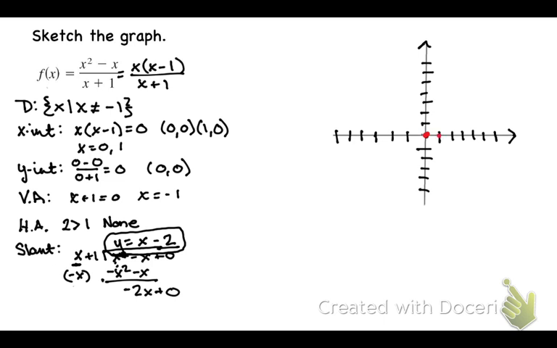And then I have a y-intercept at 0, 0. I have a vertical asymptote at negative 1. Horizontal asymptote I don't have, but I have a slant that goes through -2, yes? And has a slope of 1.